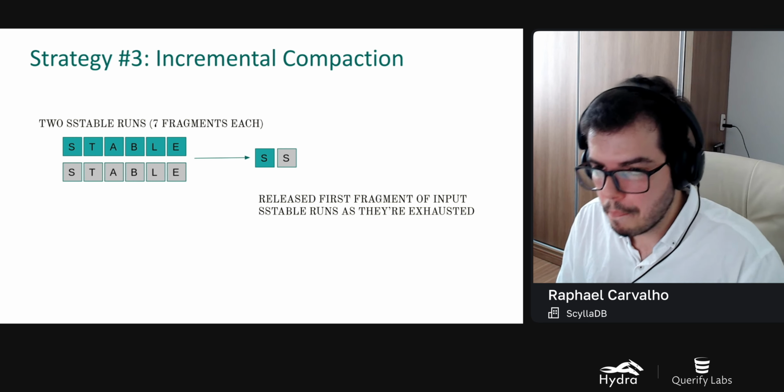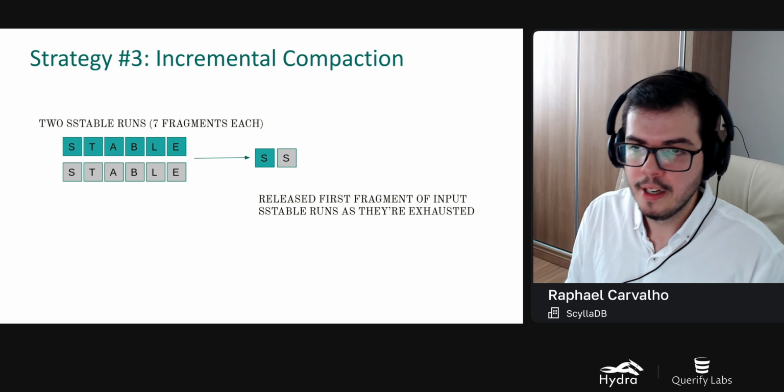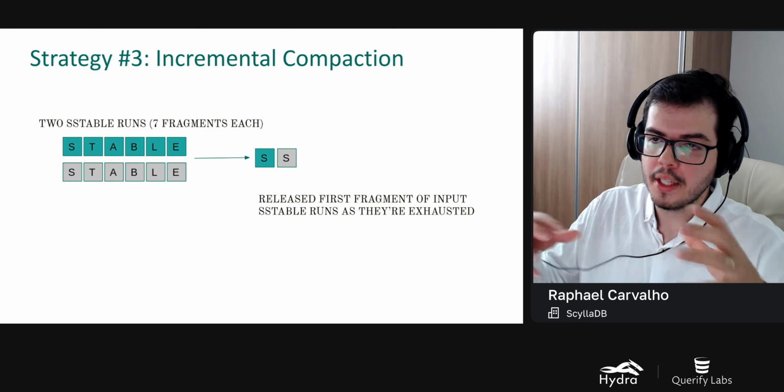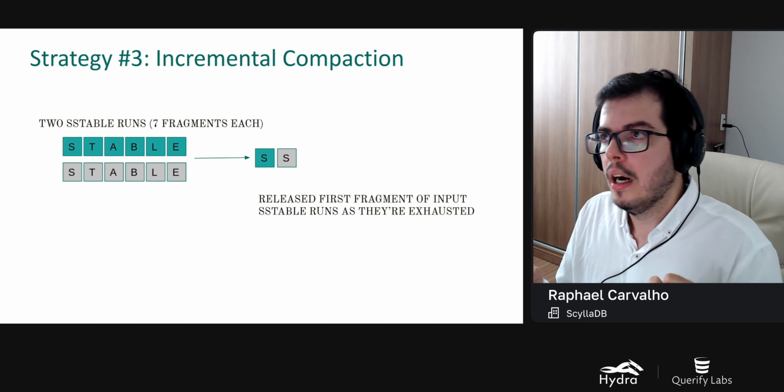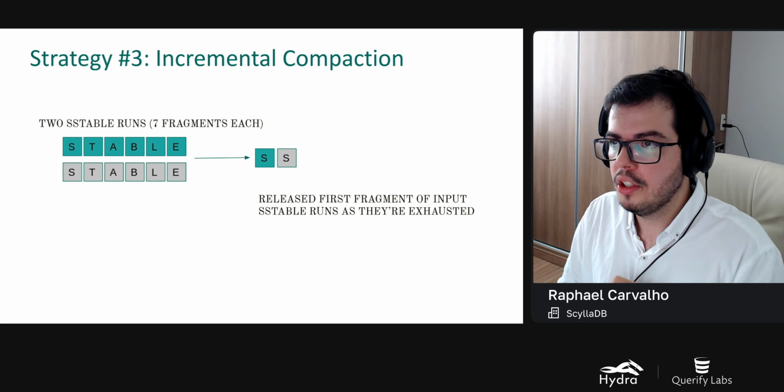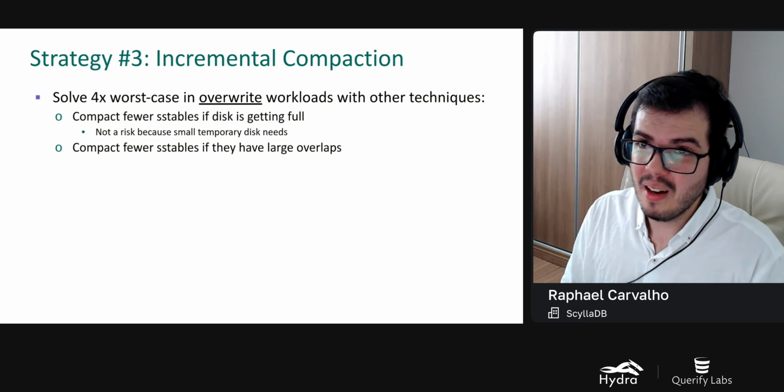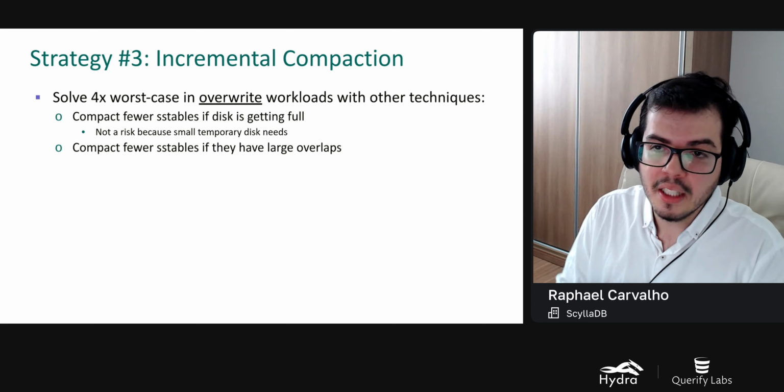So incremental compaction policy plus hybrid layout, which is a mix of levels and tiers, we could allow the user to go with incremental compaction for rewrite intensive workload. But that doesn't make level policy obsolete.